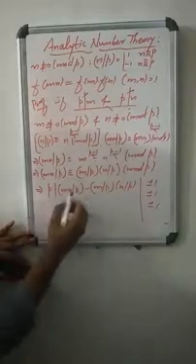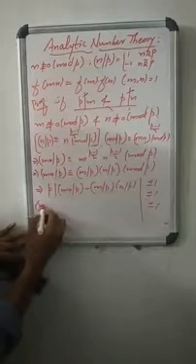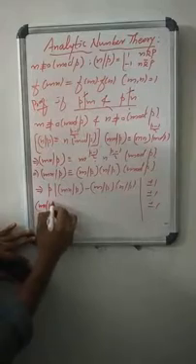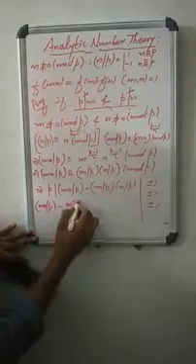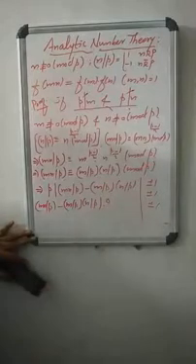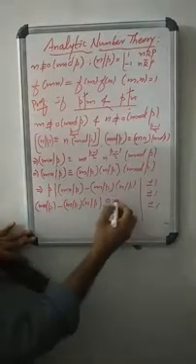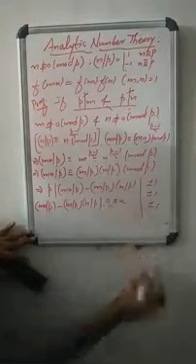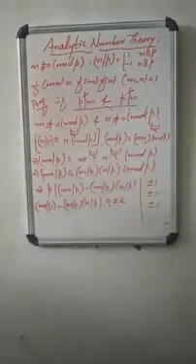Therefore the difference (mn/p) minus (m/p) into (n/p) is either 0, or 2, or minus 2.